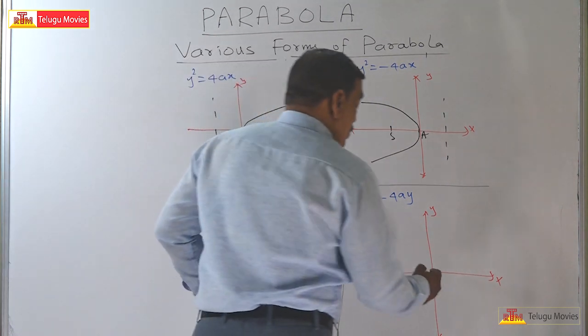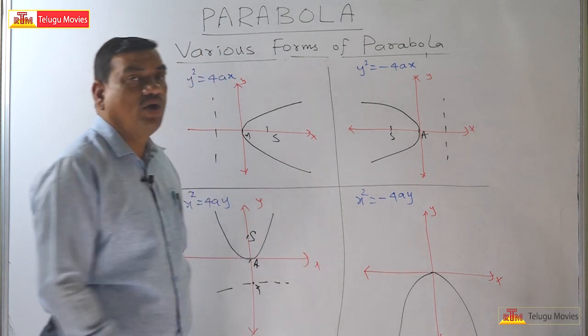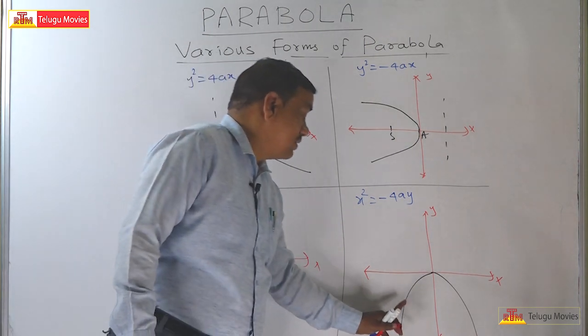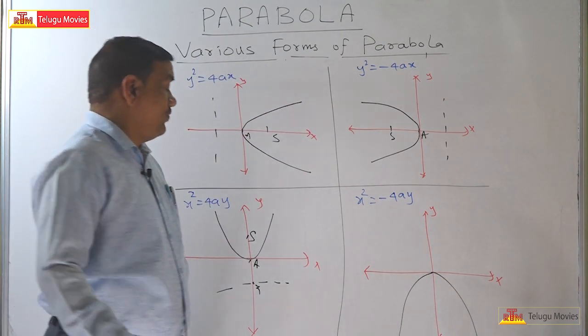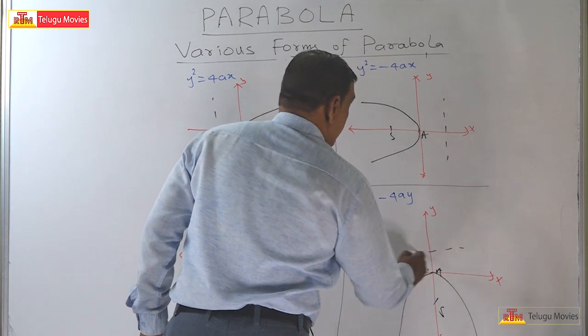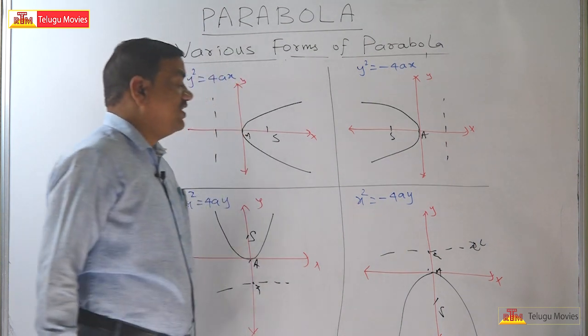So this is the shape, the parabola, we know that. That is a trace of the curve that lies in the third and fourth quadrants. Afterwards you know that this is the focus S, this is the vertex A, and here is the directrix Z, the equation of the directrix.